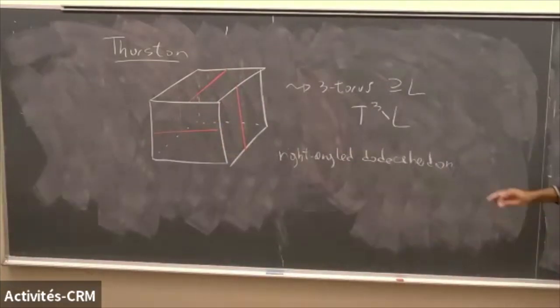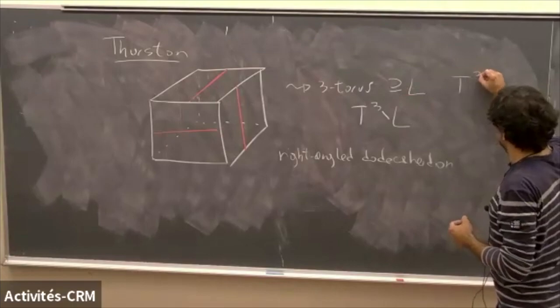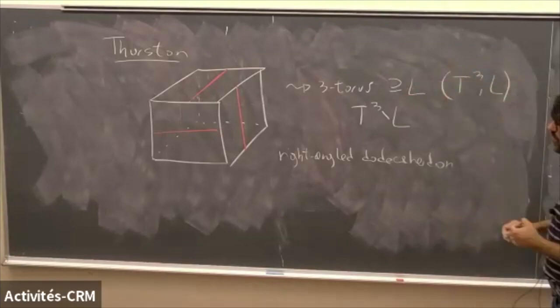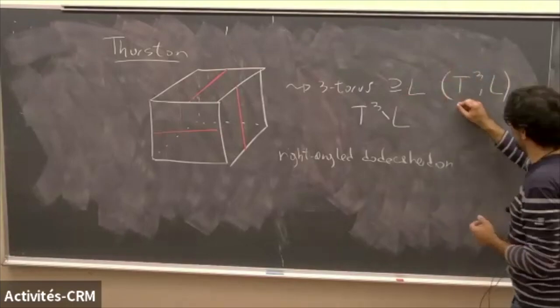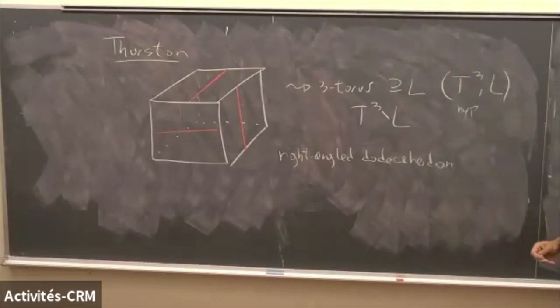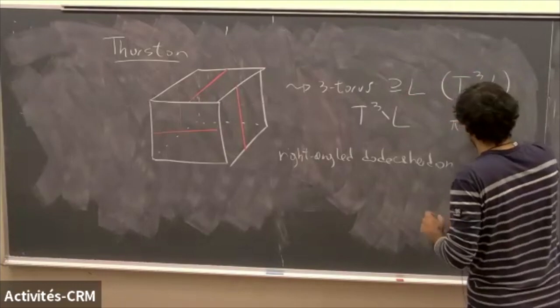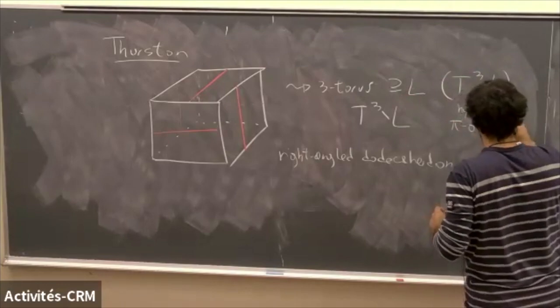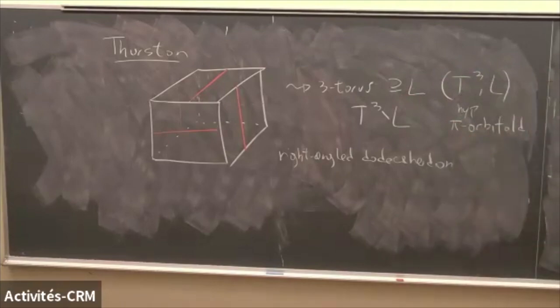Okay, so actually this is a hyperbolic orbifold. We can call it a pi orbifold or a two orbifold. So these are the simplest kind of orbifold. Pi orbifold means an orbifold where the only singularity has cone angle pi. So the only non-trivial local group is generated by a rotation, a pi rotation.